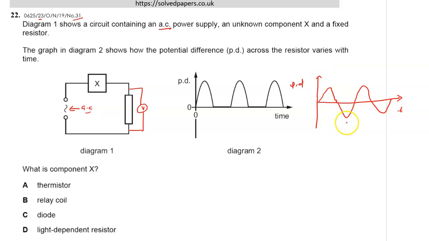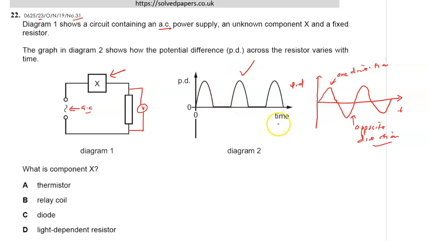But you can see the component X is cutting the reverse current. This part is in one direction of current. This part is in the opposite direction. So it appears component X is blocking current flow in the opposite direction. It's only allowing current to flow in one direction. That's why the PD time graph looks like this.